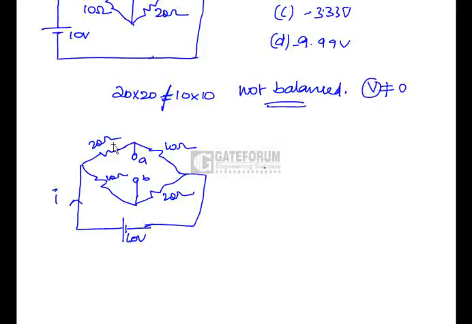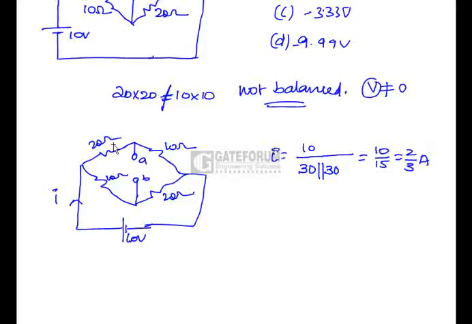Now what is the current I here? Current I is equal to 10 by, this is 10 by 30 parallel to 30 ohms. So 30 parallel to 30 ohms is 15, so this is 10 by 15, which is equal to 2 by 3 amperes.